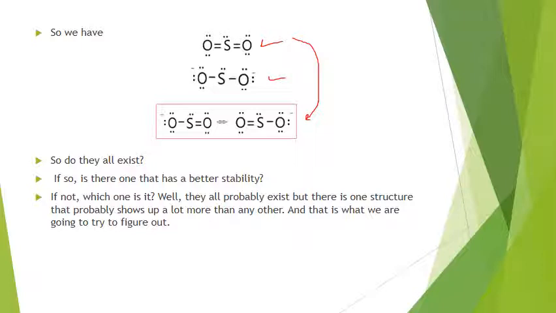Okay, now comes the interesting part. If you can have these four different structures, really three, is there one that's better? And if so, which one is it? That's what we're going to figure out.